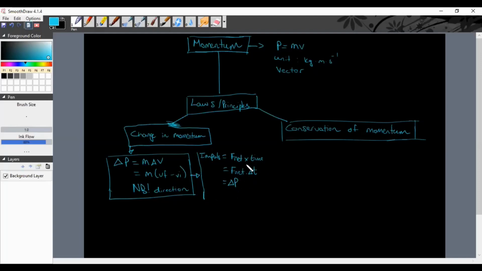So impulse can also equal the change in momentum. The unit will either be, depending on what you are given, newton seconds, which is the force times delta t, or kilogram meters per second.